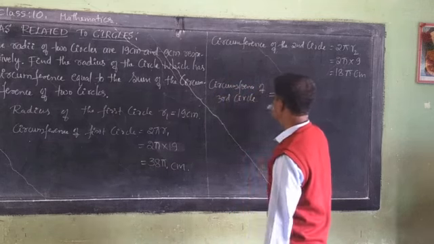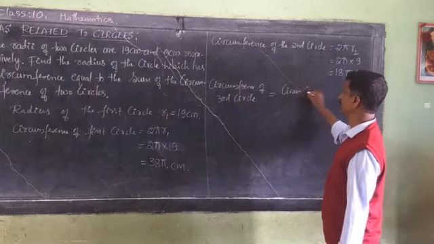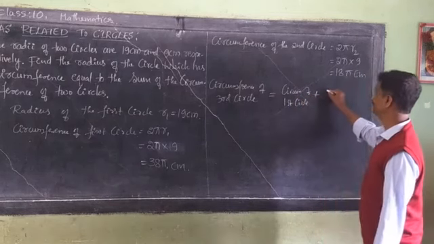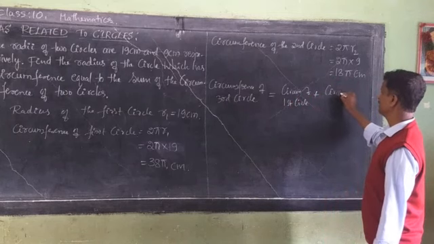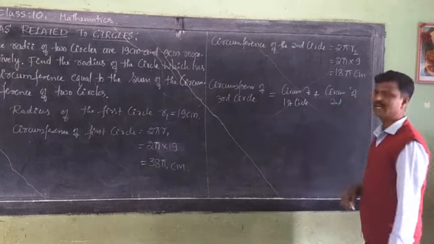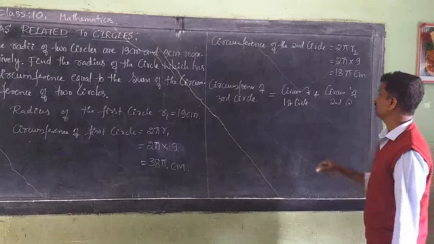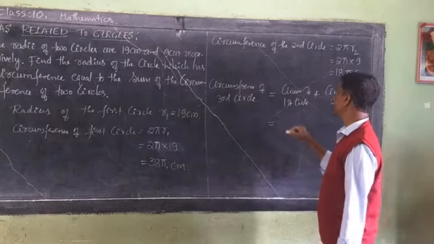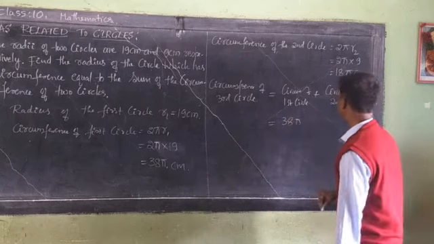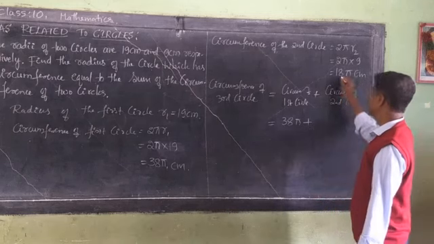Circumference of third circle is equal to circumference of first circle plus circumference of second circle. We have to add the circumferences. What is the circumference of the first circle? That is 38 pi. What is the circumference of the second circle? That is 18 pi.